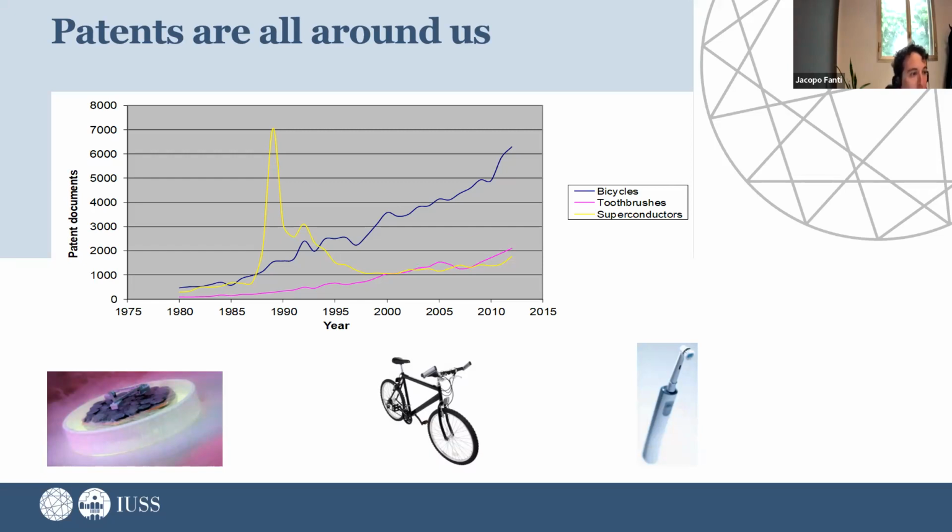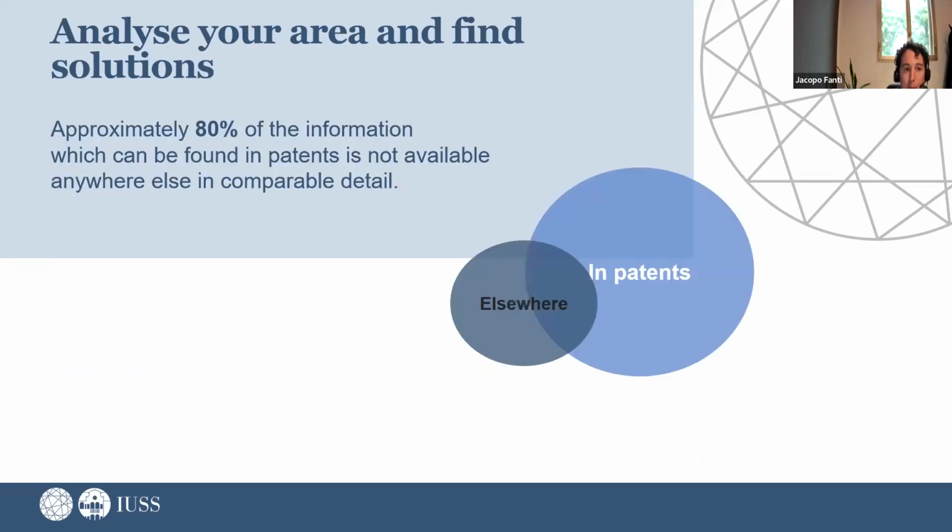And as you can see, we can count over 6,000 patents related to bicycles in some years. So patents are all around us. This is important to understand. And even though something could seem a traditional product, probably someone is still finding new ways of producing or adapting this technology. So it is very important to be aware of patents.